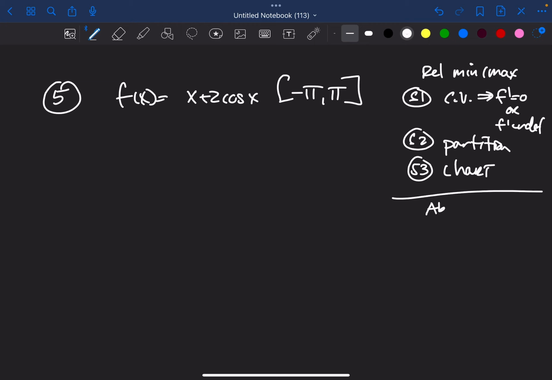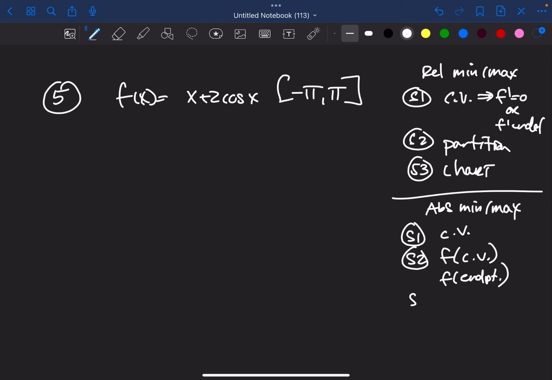Then when I want to find the absolute min and max, this is not the only way, but one way to do it is to find the critical values, take f of the critical values and f of the endpoints. Actually it's the extreme value test, but whatever.